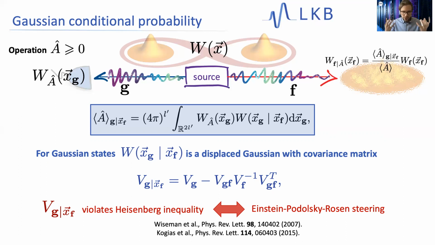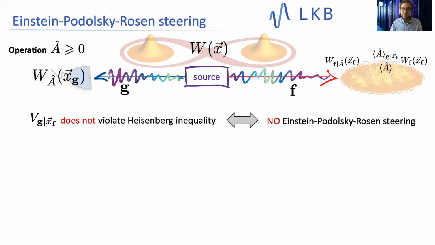And so this is a very important result, because we can turn this around, and it also means that when we have no steering by Gaussian measurements, this covariance matrix will satisfy the Heisenberg uncertainty relation.